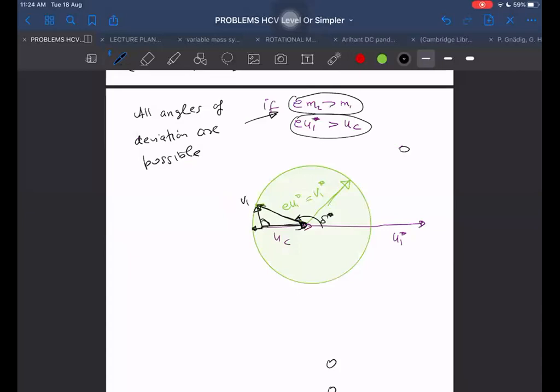Sir, voice is not audible. Sir, in the down diagram, sir.